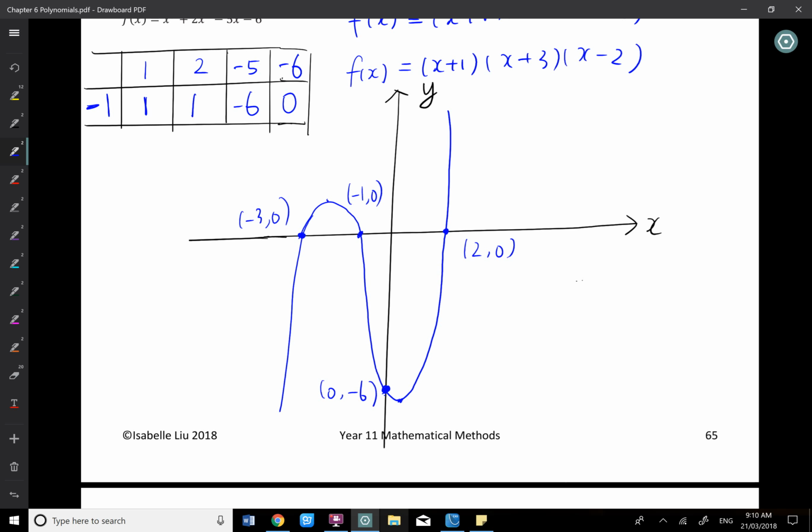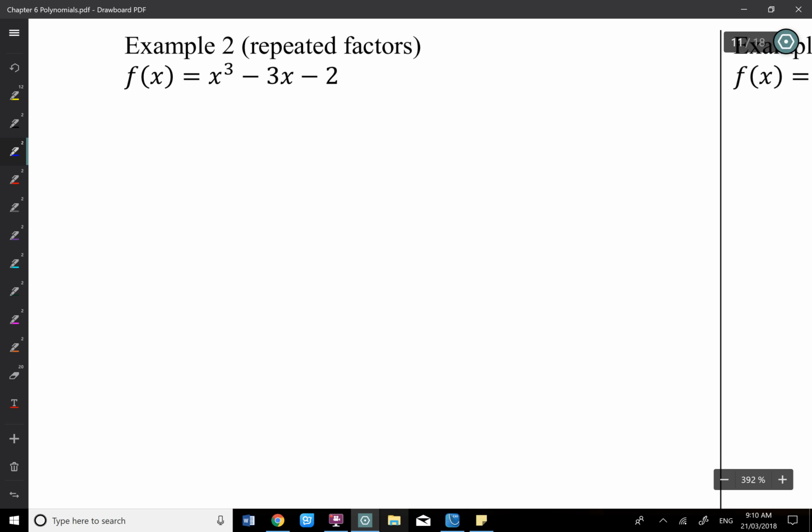Okay, quickly go to the next one. I must finish this today, otherwise you can't do that on the digital delivery day. For repeated factors, okay, repeated factors. Well, I don't know whether it's repeated factors or not yet. So what we will do is still factorize it.